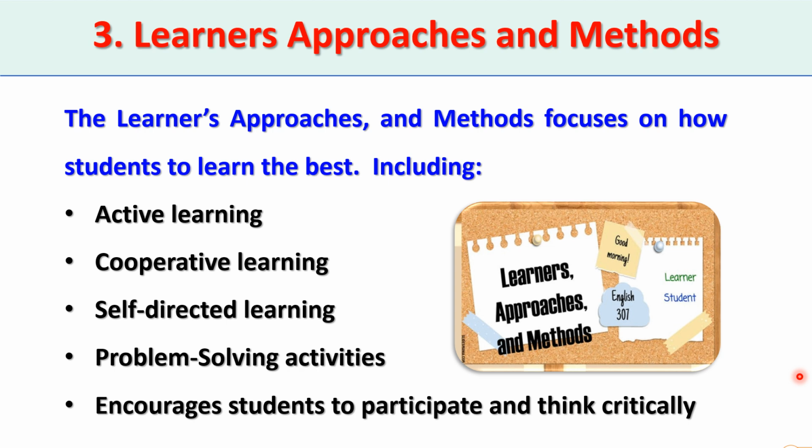Among the 25 students, some have excellent ability, some have medium ability, and some have poor ability. Okay? So as a good teacher in this class, how can you assign cooperative learning in this class?